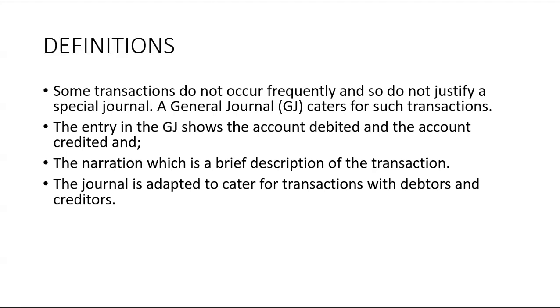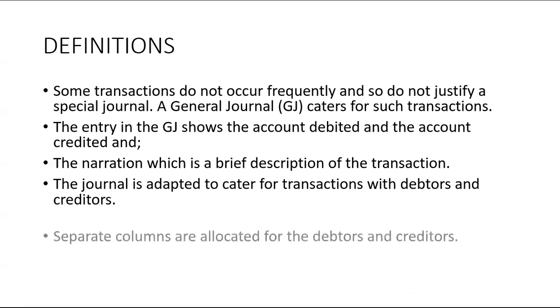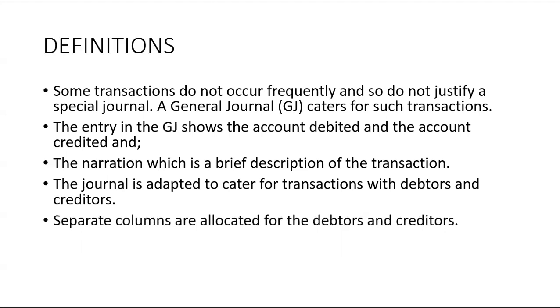The creditors control will also have the debit side, which indicates all the transactions that affect the creditors control but will reduce what we owe our creditors, and that will be recorded on the debit side. And the credit entry under the creditors control indicates the transactions that will result in us owing our creditors more. Hence, we are going to have separate columns allocated for debtors and creditors.